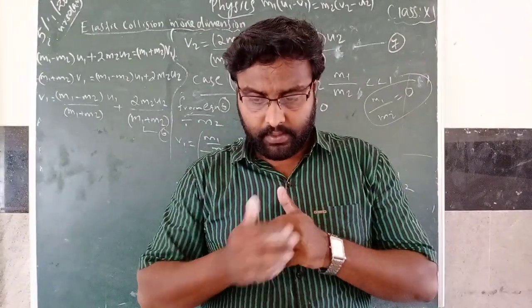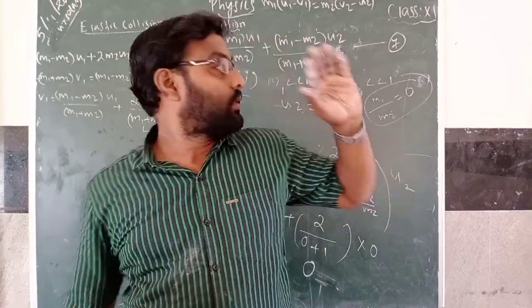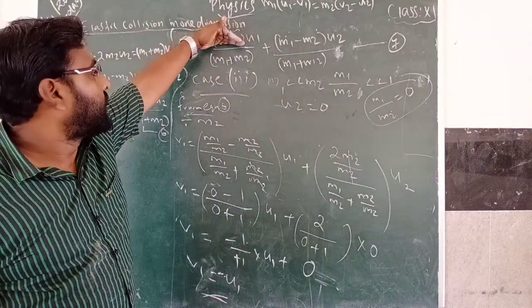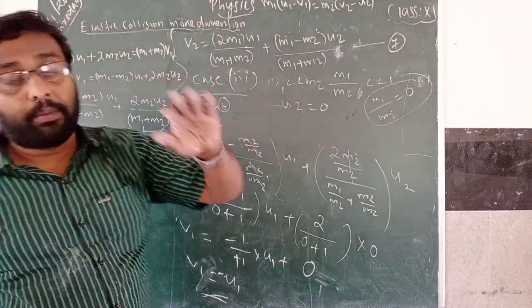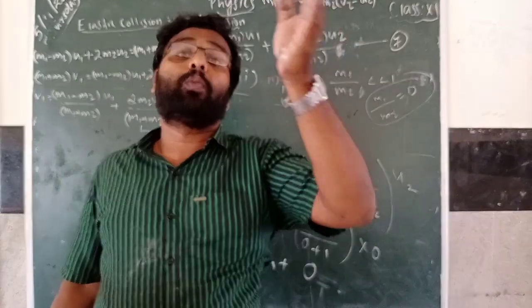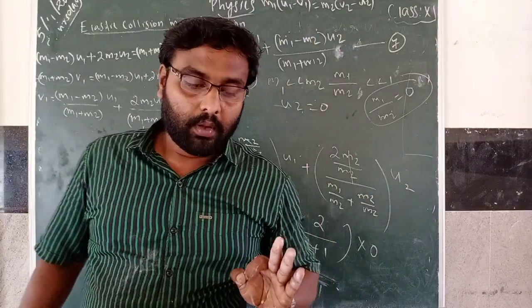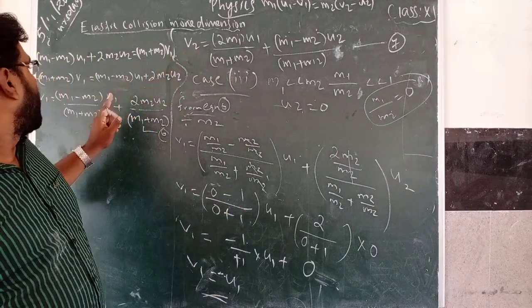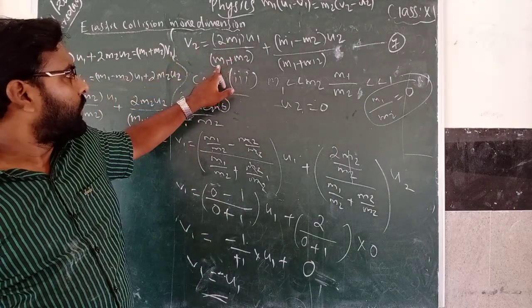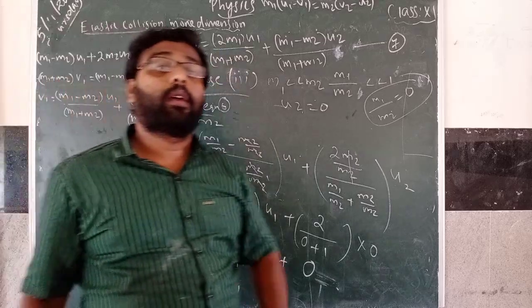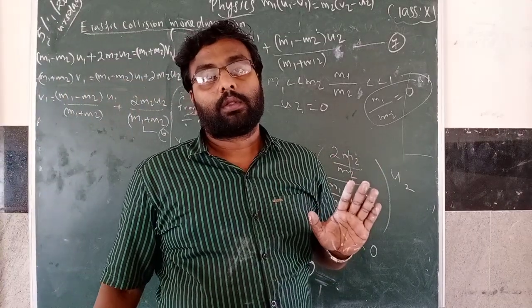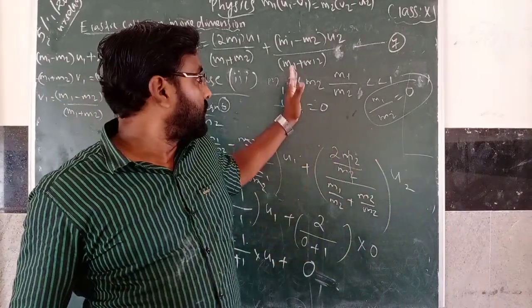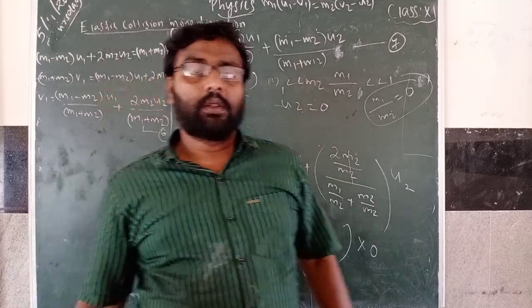The same thing you can divide all the terms. You can see the ratio M2 by M1 is 0 and U2 also 0. So M2 by M1 means what? Here you have to divide everything by M1. So everywhere you will get the same result.